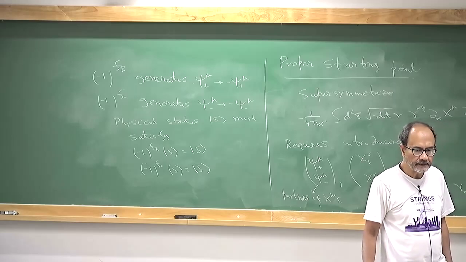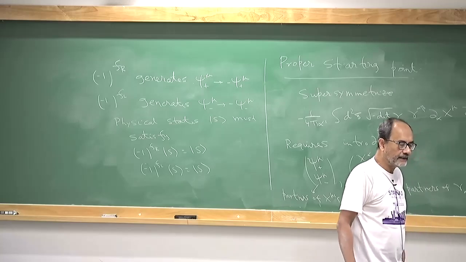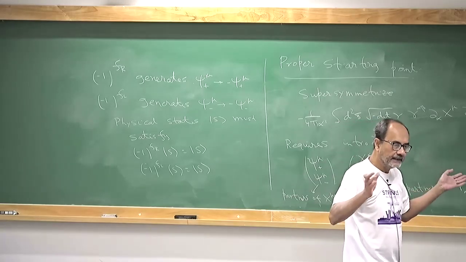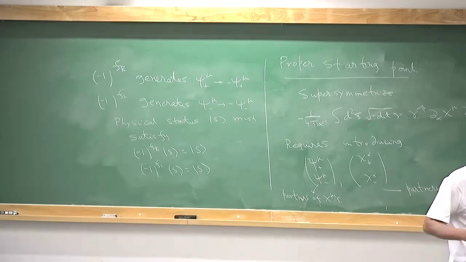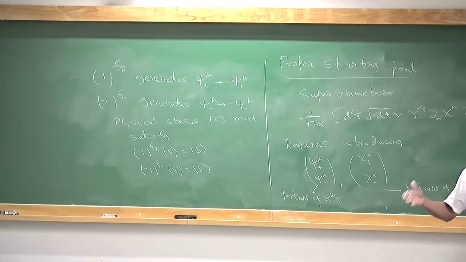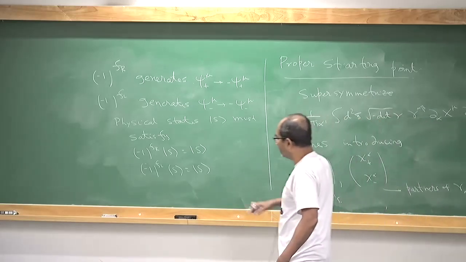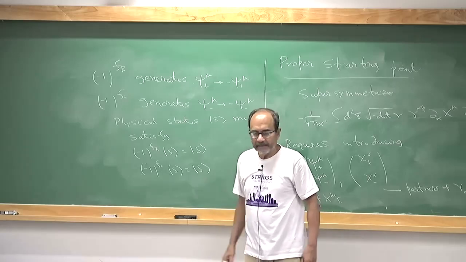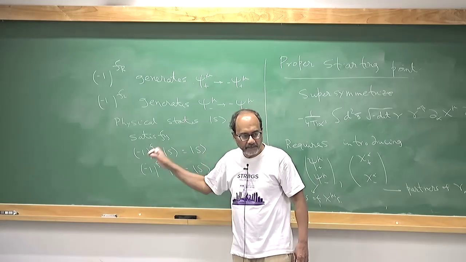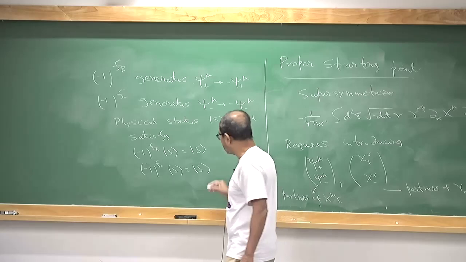Is this clear? If you are saying that you should identify points in the field space, even though this identification is acting on the Grassmann variables, nevertheless, it's identifying points in the field space. It better be that all the wave functions are invariant under that identification. So formally it's written by saying (-1)^F_R on S equal to S and (-1)^F_L on S equal to S. This is what is called the GSO projection.